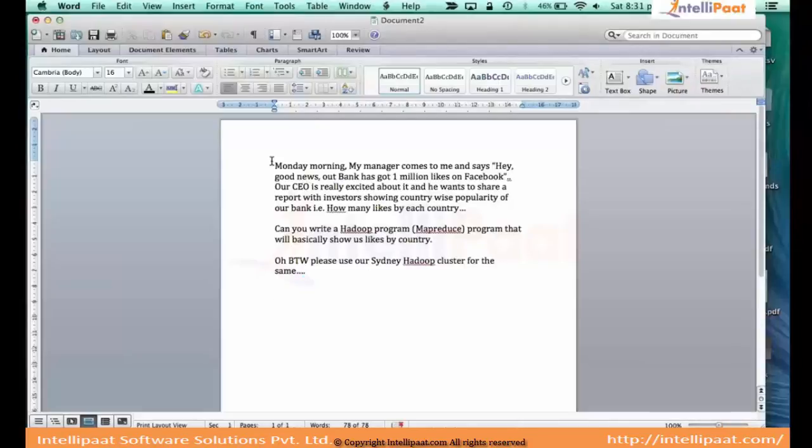My manager comes and says he's happy that 1 million likes have come, and we want to create a group by, basically filter and see. But we need to do it in Hadoop because the data is massive. Let's say 1 million is not big, but if there was more data, that's where we would want to use Hadoop.